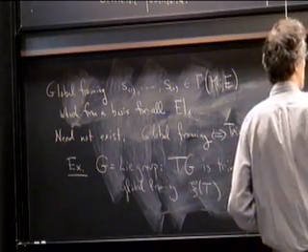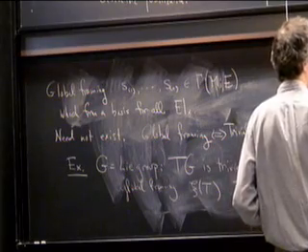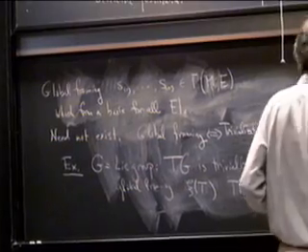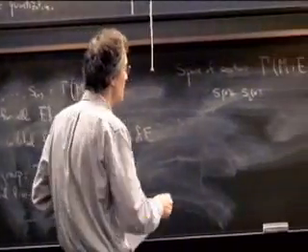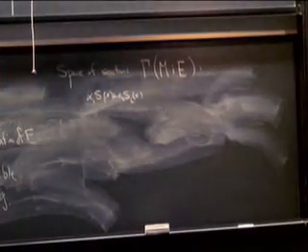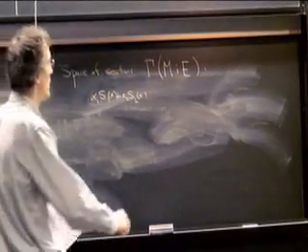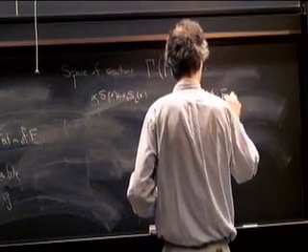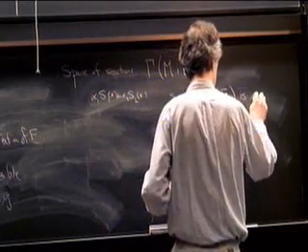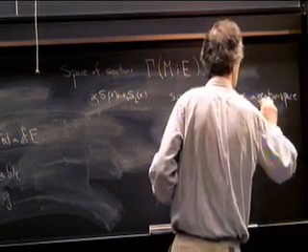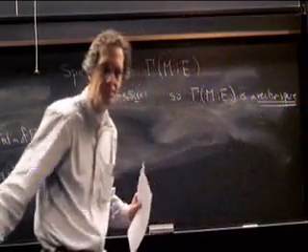We can take two sections, S1 and S2, and we can add them because their values for each x are in a vector space. And by the same token, we can multiply them by scalars. So gamma of M, E is a vector space itself.